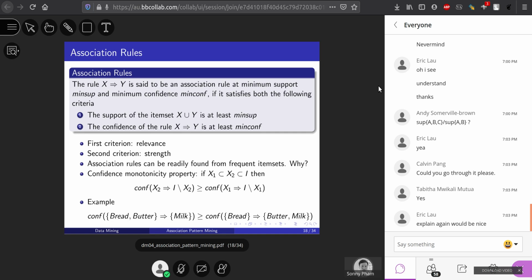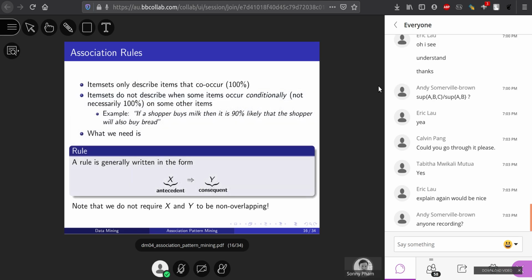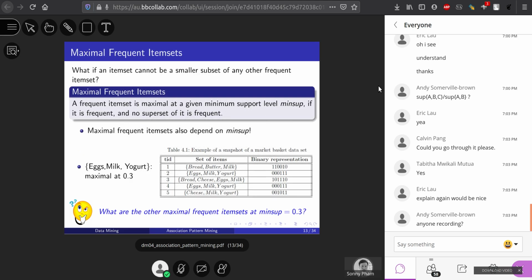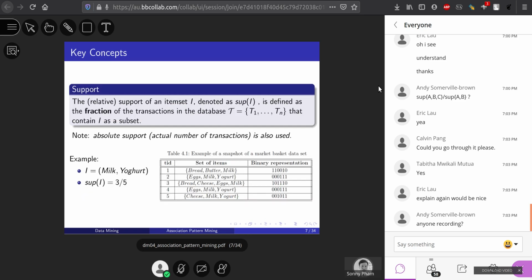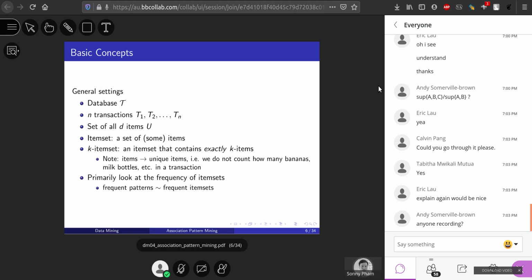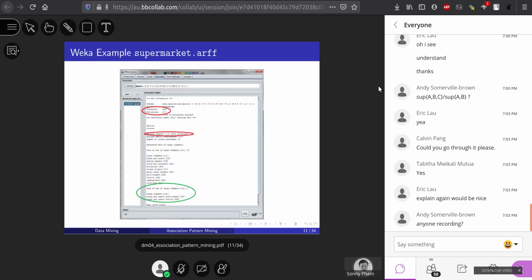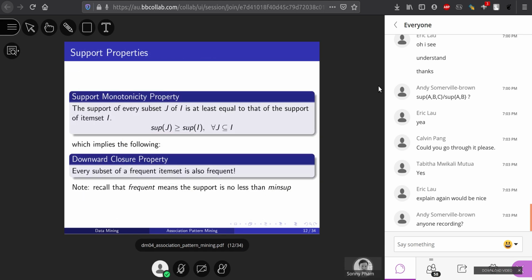Remember, with the other properties here, we have the downward closure property. Here, the support monotonicity property: we have something and we have something smaller, and we have some inequality concerning the support of these two sets, where one is a subset of the other.